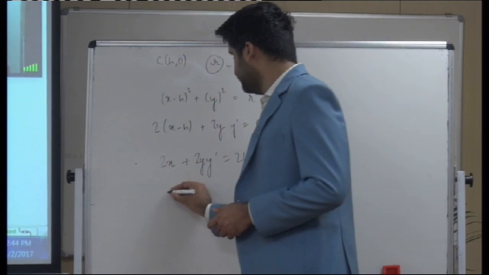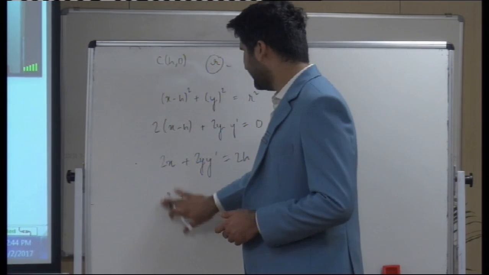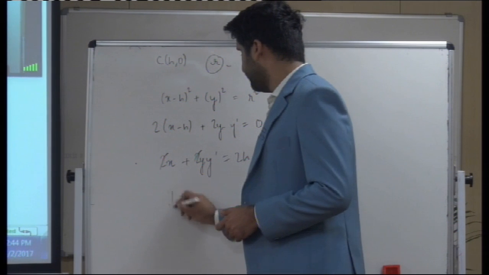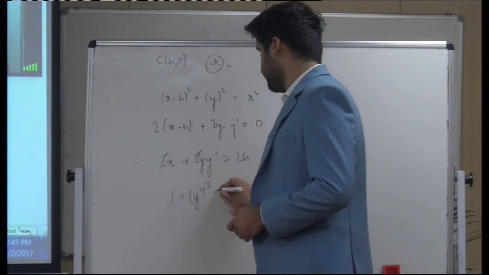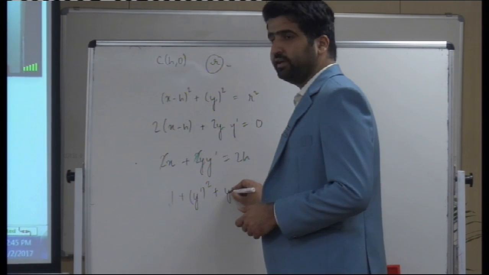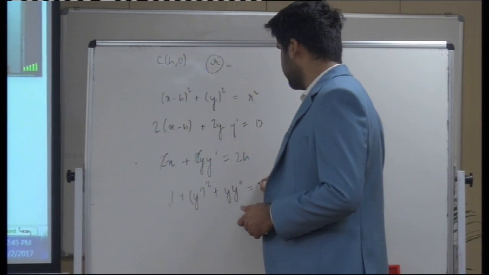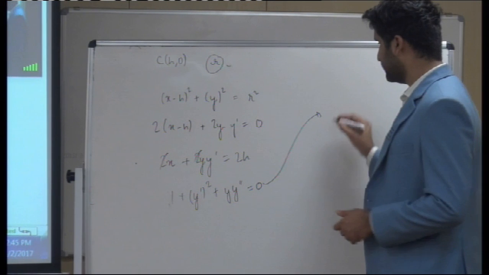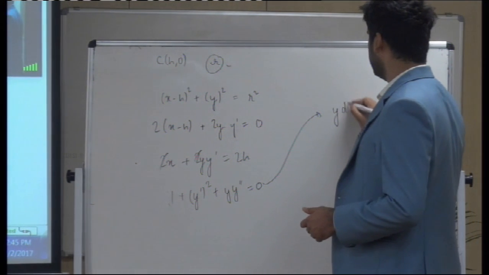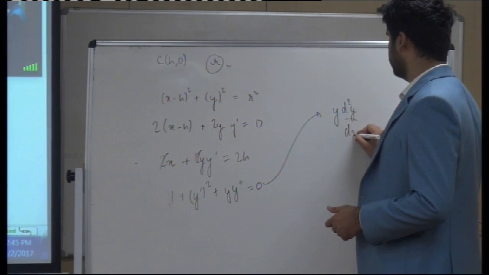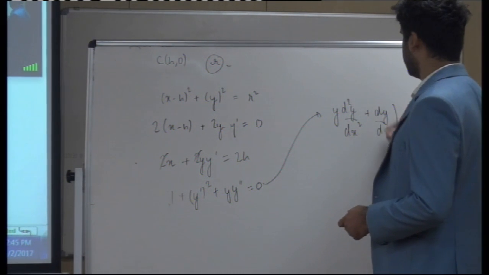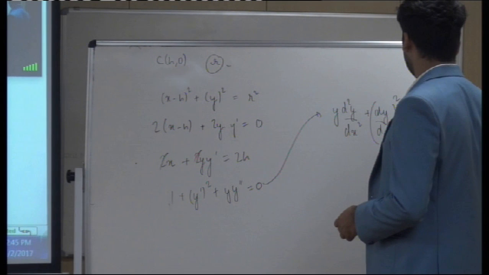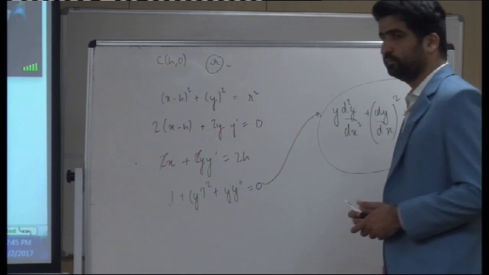Differentiating, now we get 2 plus, I can cancel the 2 also. 1 plus y dash square plus y into y double dash is equal to 0. So write it in differential form. We get y d2y upon dx2 plus dy upon dx to the power 2 plus 1 is equal to 0.